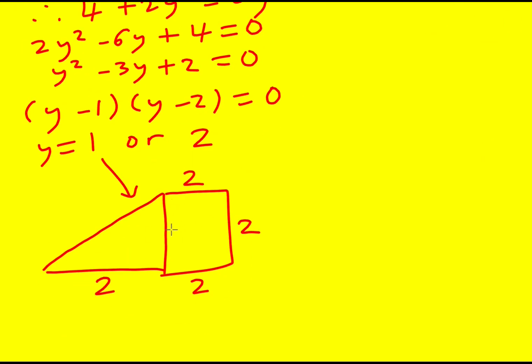So that means this height is also 2, so I can use Pythagoras' theorem. 2 squared plus 2 squared, I'm going to get root 8 or 2 root 2 is the hypotenuse. Okay, that's a right angle. And therefore the perimeter, I just need to add these up. 8 plus 2 root 2.